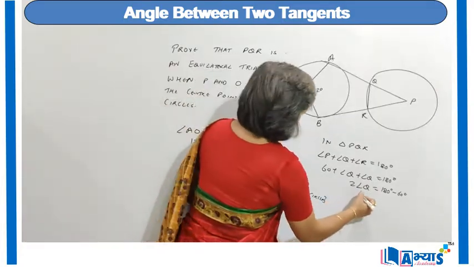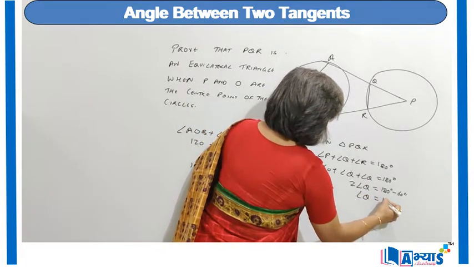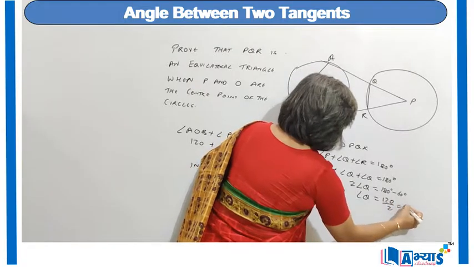So angle Q will be equal to 120 divided by 2, that is 60 degrees.